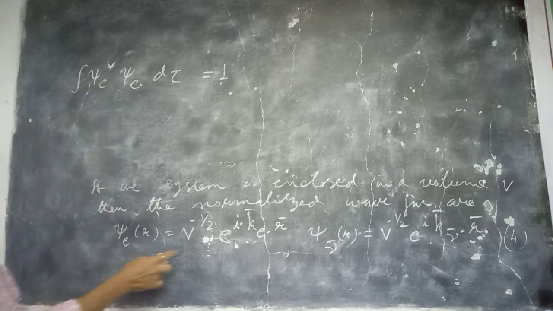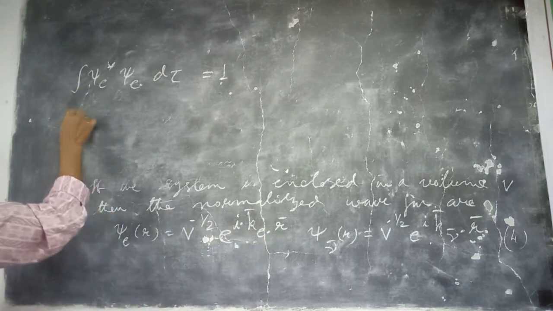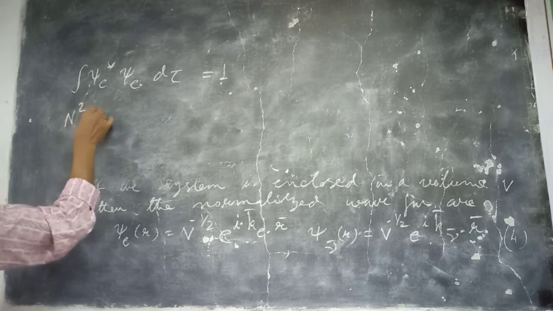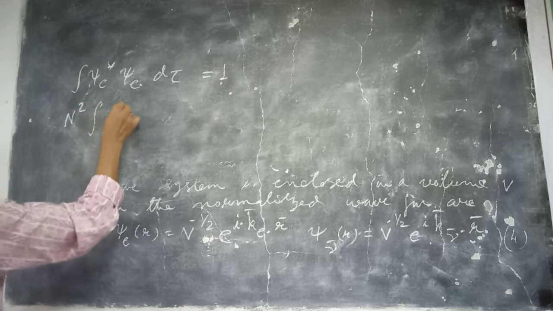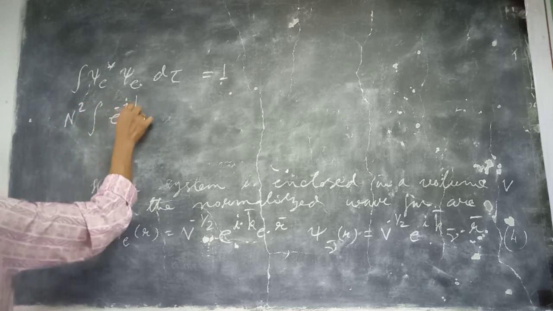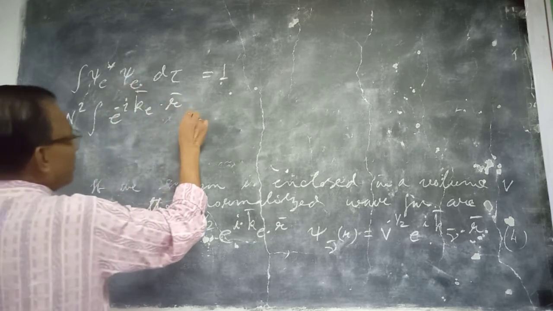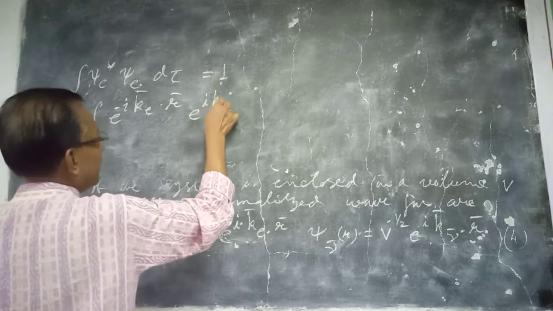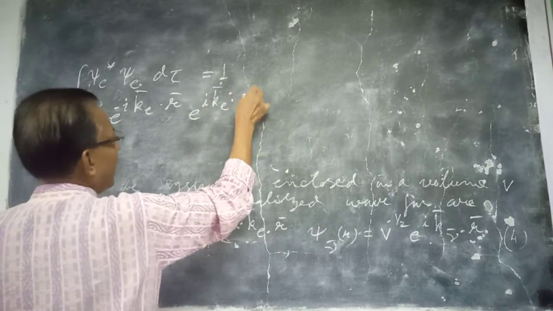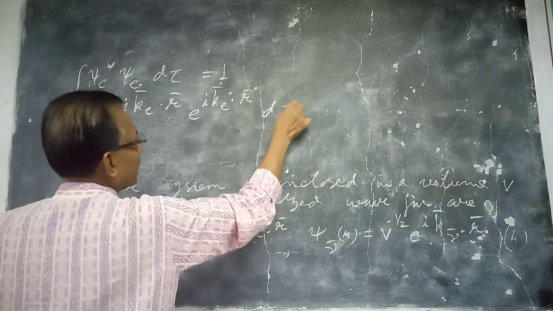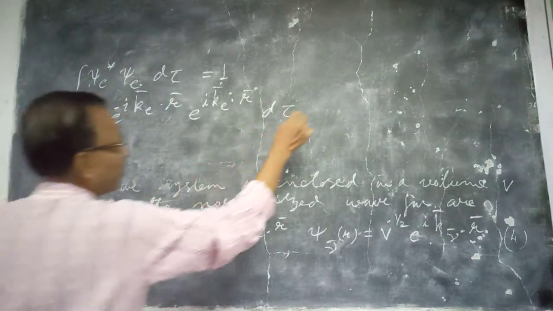If the wave function is N e to the power i k_e dot r, then we get N squared times the integral of e to the power minus i k_e dot r into e to the power i k_e dot r d tau, equal to unity.